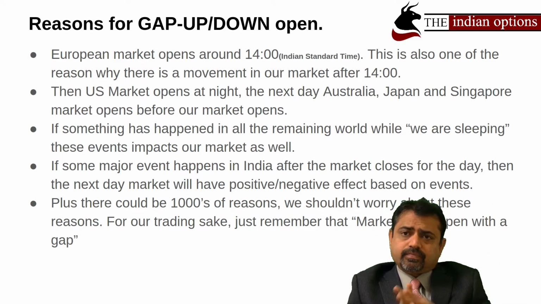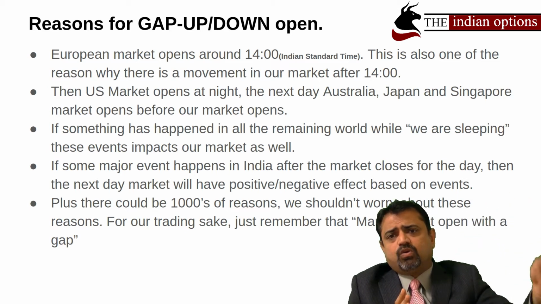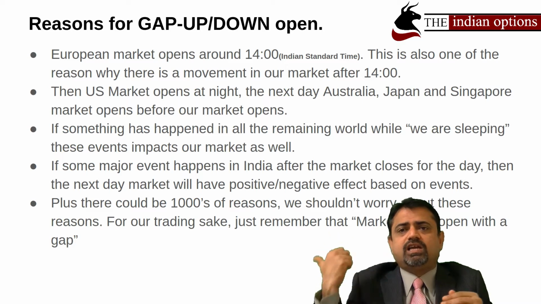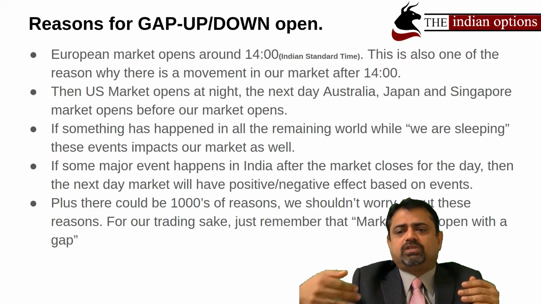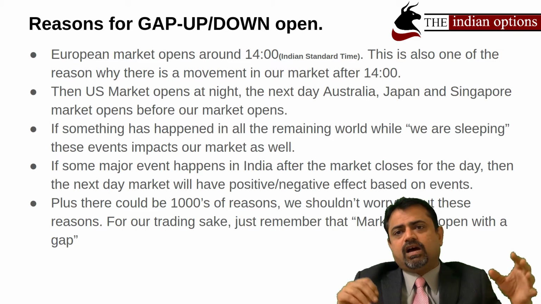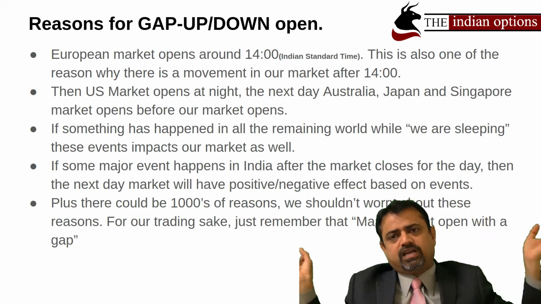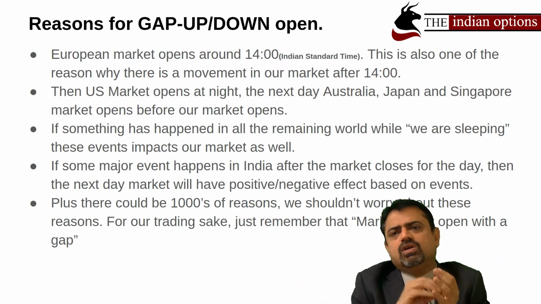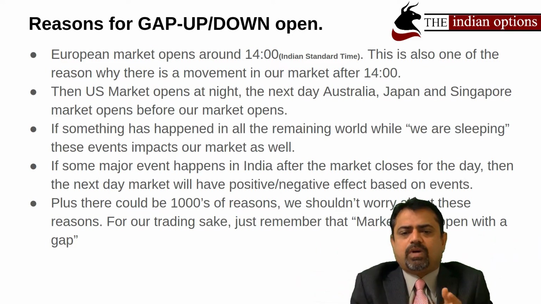Then at night the US market opens and closes, and on the next morning the Australian market opens, then the Japan market, then the Singapore market, and then our market opens. Whatever is happening in all these countries has a smaller or bigger impact on our markets as well.